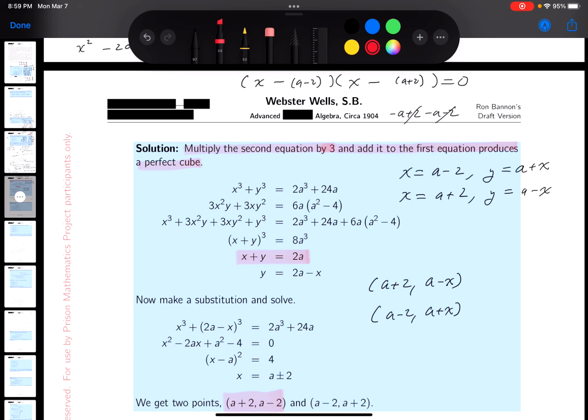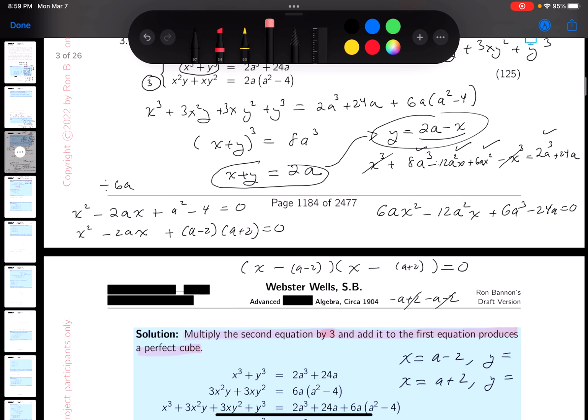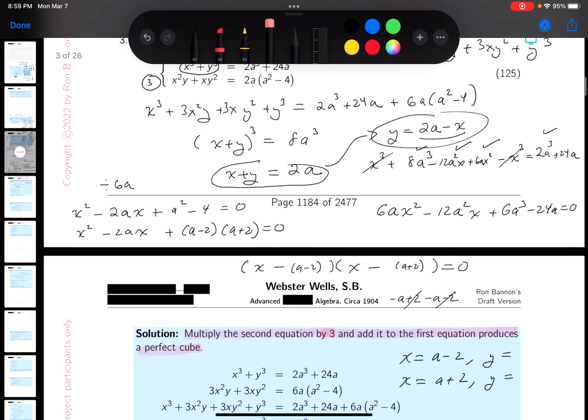A plus 2, a minus, wait a second. I made a mistake, and I just saw it. We got to go back over and do it again. Now, by the way, not the whole problem. I made a mistake in this thing over here, and I don't know why I did that, right? Maybe I wasn't really thinking. I'm writing down.